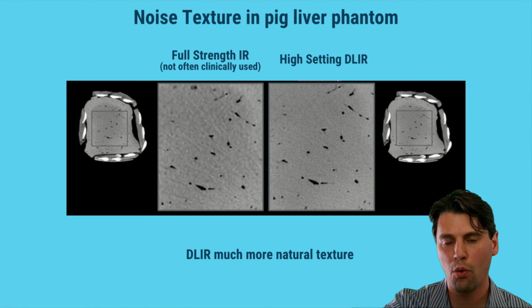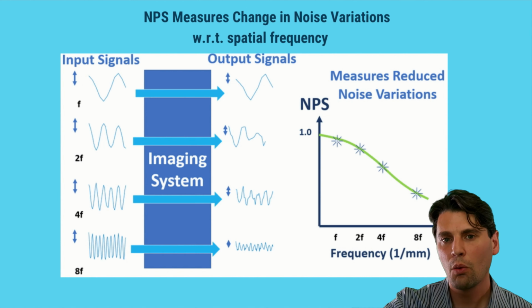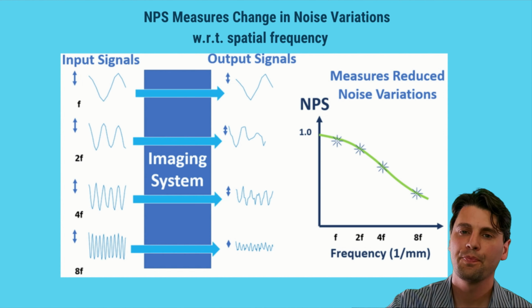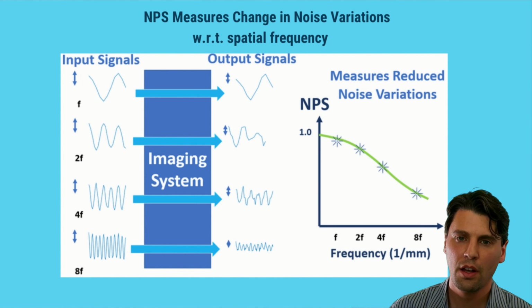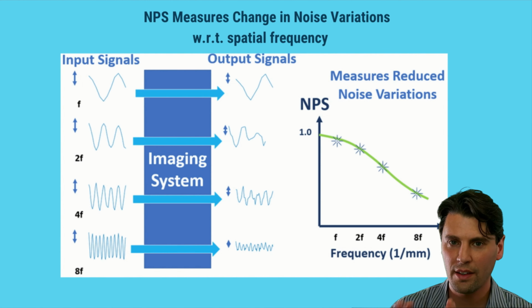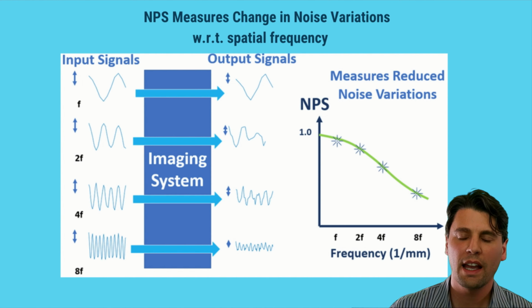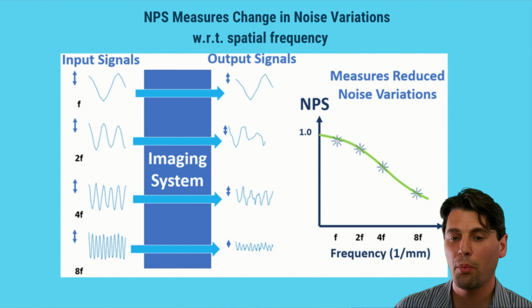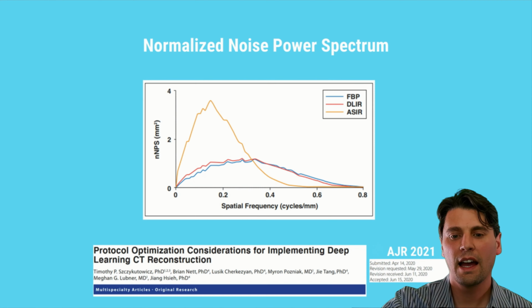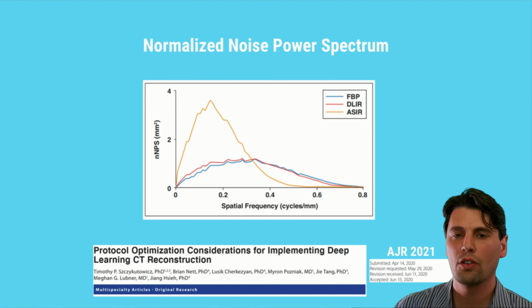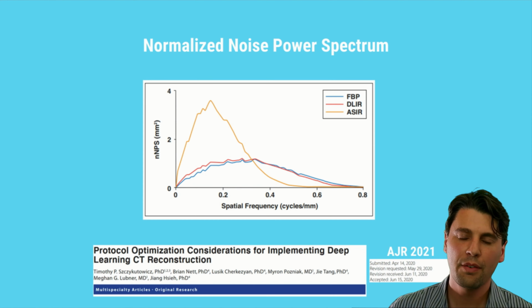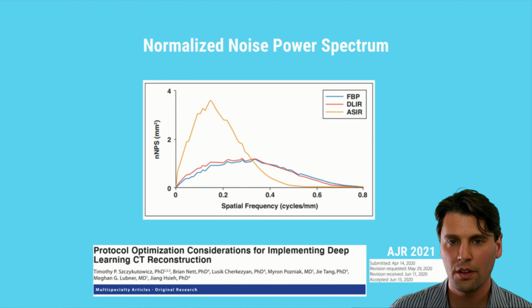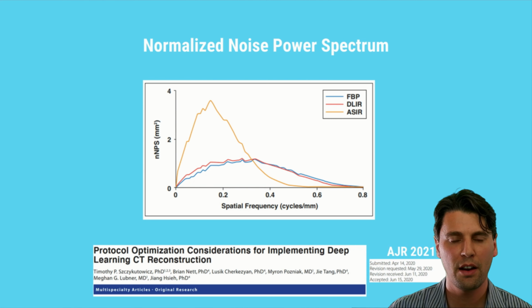In the same way that we quantify the modulation transfer, we quantify the noise power spectra. And rather than talking about the signal amplitude, we're talking now about the noise amplitude. And we're looking at noise variations and how those will pass through our system. And the idea is that we can take those noise power spectra. If we normalize those noise power spectra to the area under the curve, it lets us see the shape of those noise power best and to do the comparison.